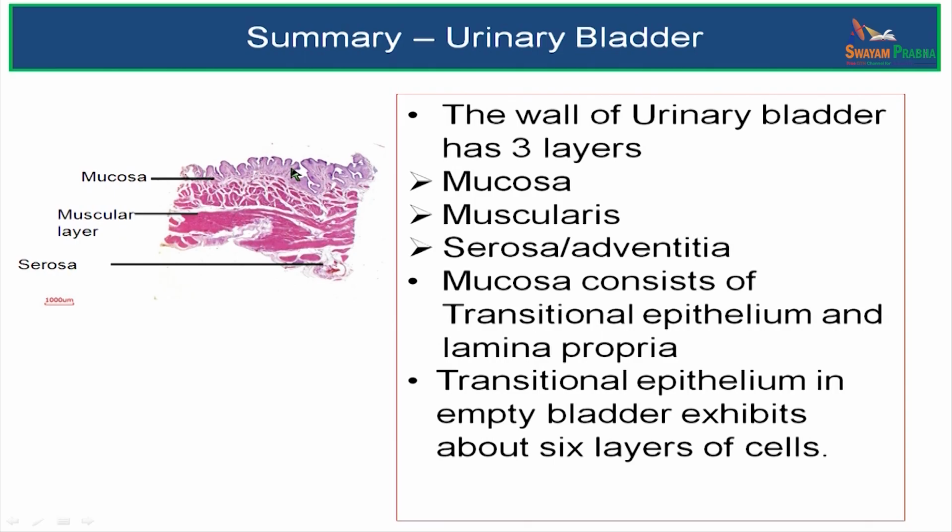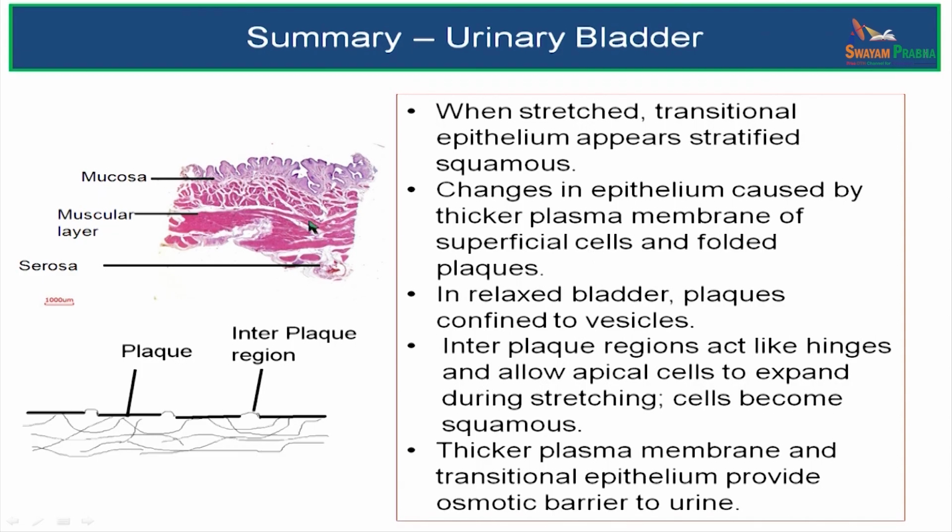Transitional epithelium in an empty bladder has about 6 layers of cells. When stretched, transitional epithelium appears stratified squamous, that is when it is distended with urine.